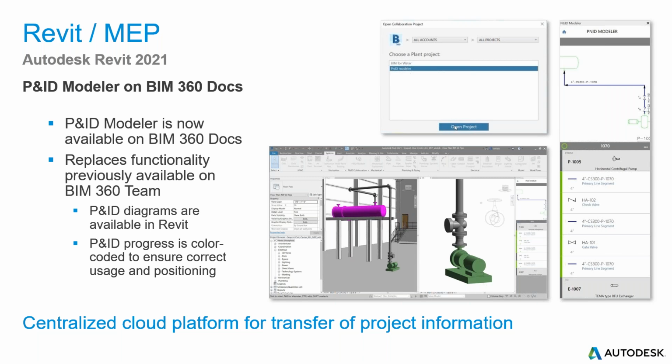With BIM 360 Docs, you have one single source of truth along your project, whatever file you put into Docs, including your AutoCAD Plant 3D, 3D layout, and the P&ID. So the P&ID modeler will connect efficiently, with a bit of mapping work that needs to be done in your Revit project. And you will see what's available. There is a color code, and it's an interesting feature if you want to use both P&ID and Revit for the piping.